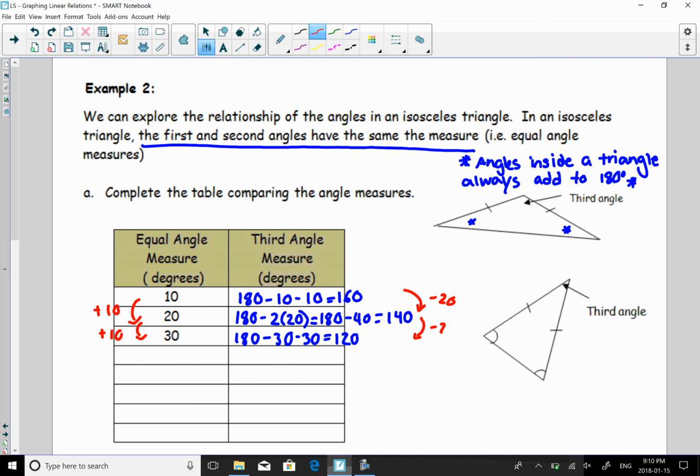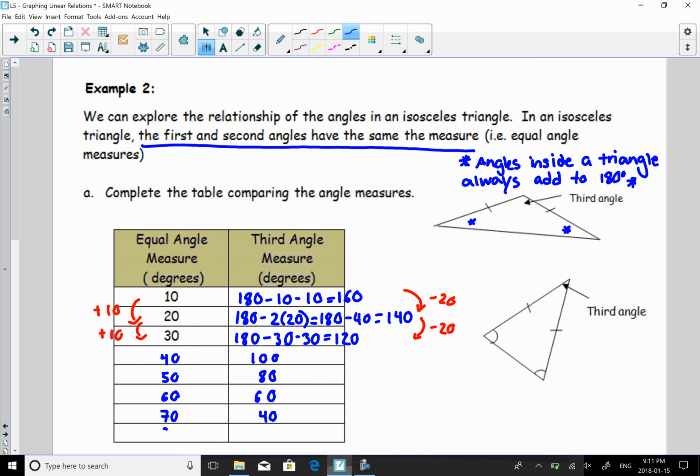So we can complete the table without doing every single calculation. So if the angle measure is going to be 40, then this is going to go down by 20, so we have 100. If it's 50, go down by 20, so it's 80. If it's 60, go down 20, so it's 60. If it's 70, you go down by 20 again, so it's 40.